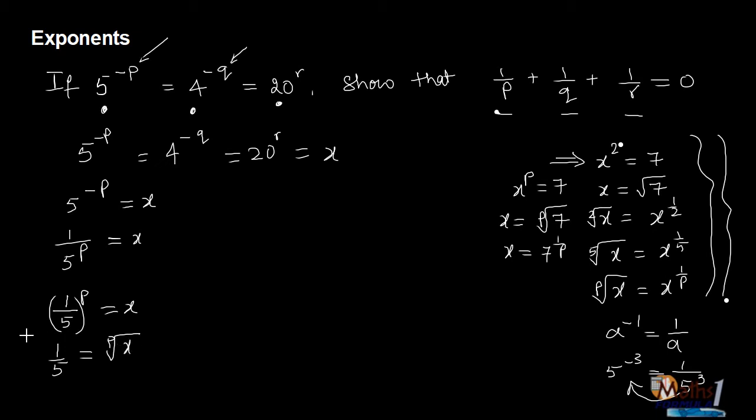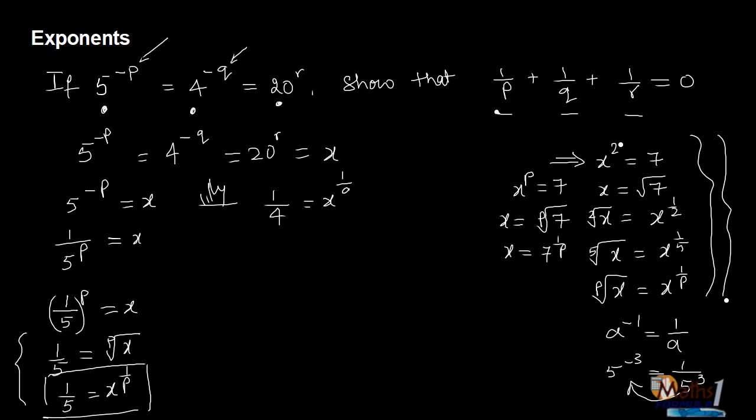Actually you don't need to write at least these steps, but that is for your understanding. So now 1 by 5 will be equal to x to the power 1 by p. That's my first thing. If I do the same thing for 4 to the power minus q, because all of them are equal to x, it's going to be 1 divided by 4 equals x to the power 1 divided by q.